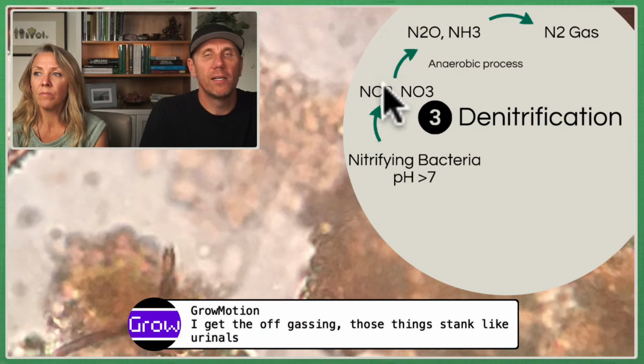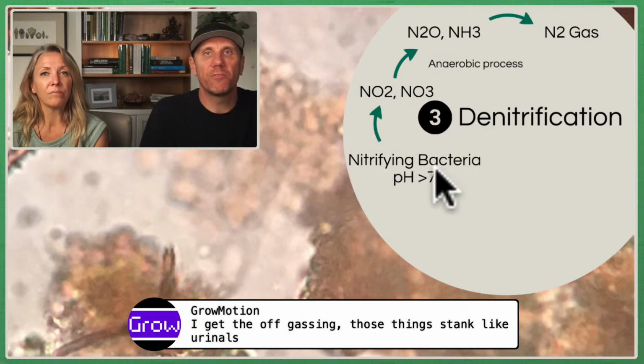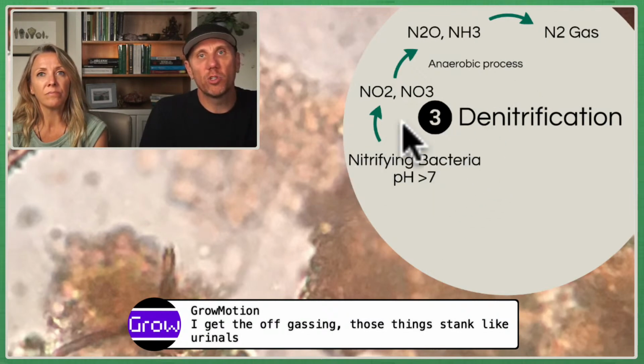You're smelling the off-gassing of things like phosphine gas and nitrous oxide and nitrate. So the entire process is relying on these nitrifying bacteria. In the soil, it happens when the pH is greater than 7. It doesn't mean that these nitrifying bacteria cannot be present in other things like lactic acid ferments.